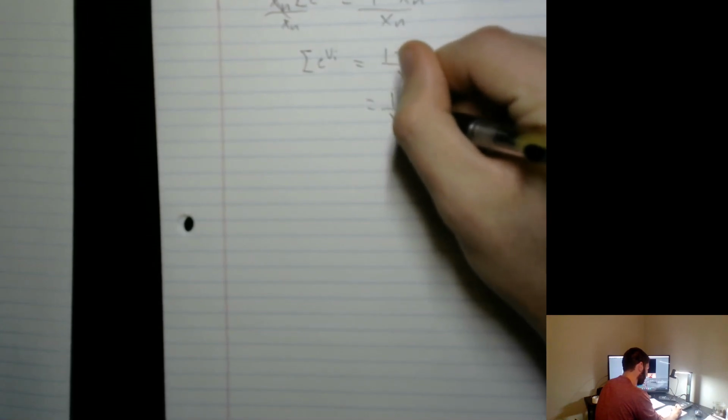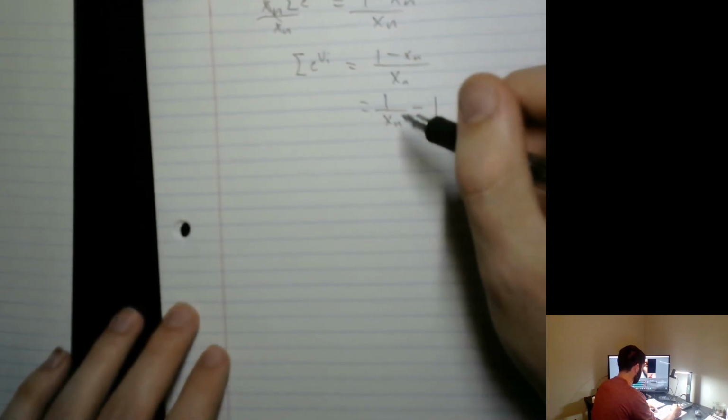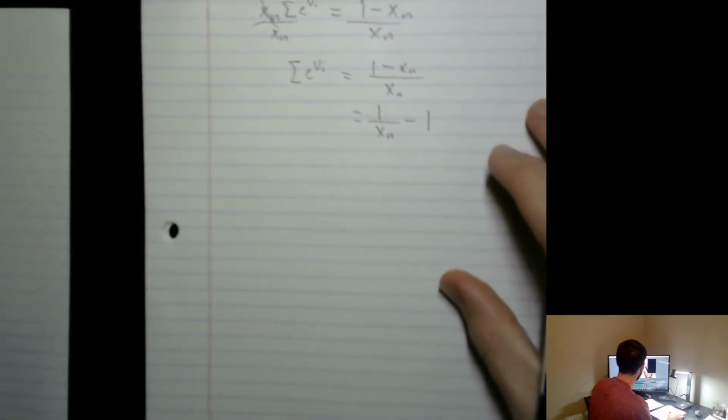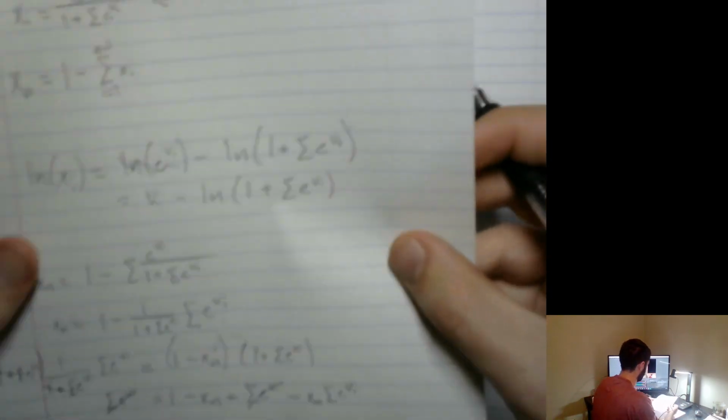This will be nice later. If we use our rules of fractions with a common denominator, this is the same thing as 1 over xn minus 1, because it would be 1 over xn minus xn over xn, which is obviously 1. Now we can take this term and plug it back in.